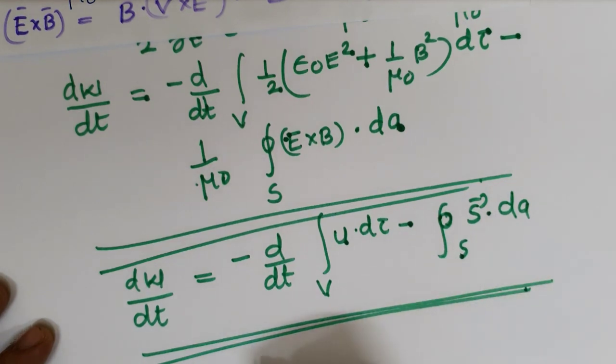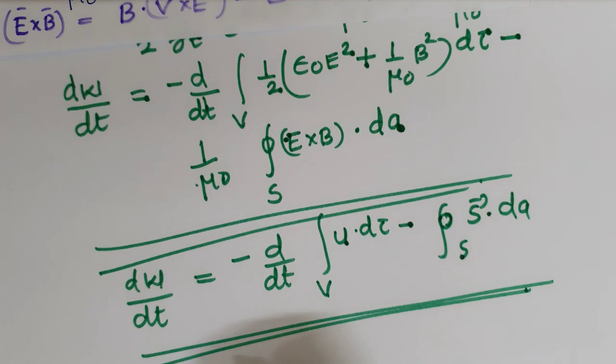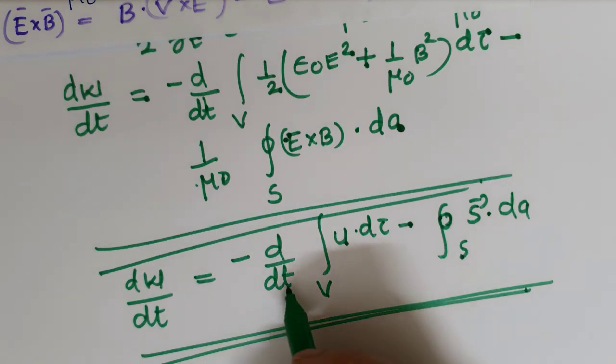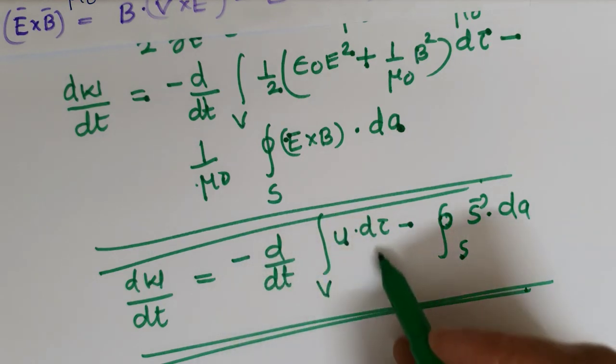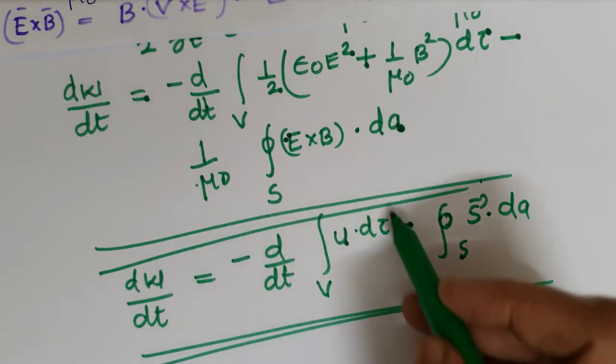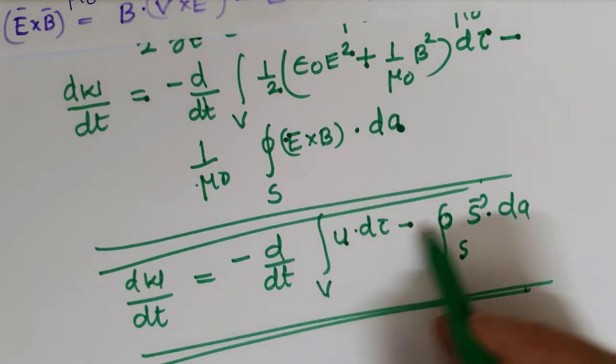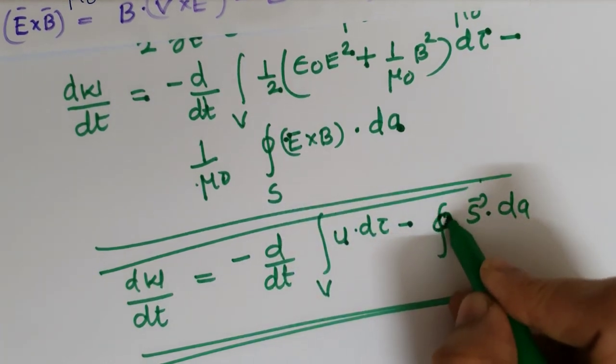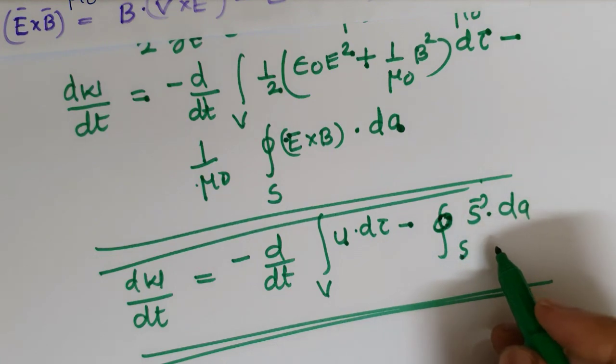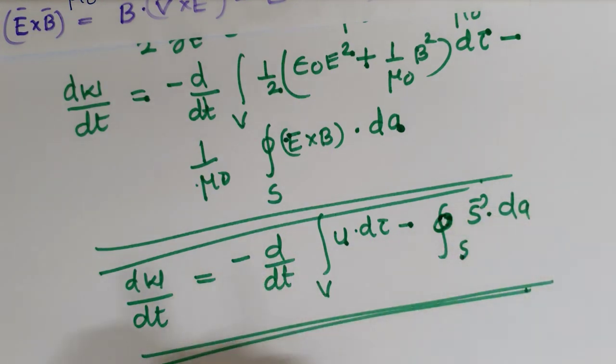This is the Poynting theorem. It states that the rate of work done on the charges by the electromagnetic force is equal to the decrease in energy stored in the electromagnetic field, less the energy that flows out through the surface. This is Poynting's theorem.